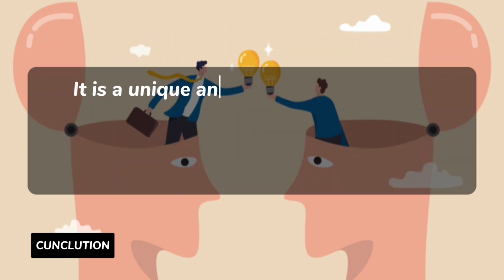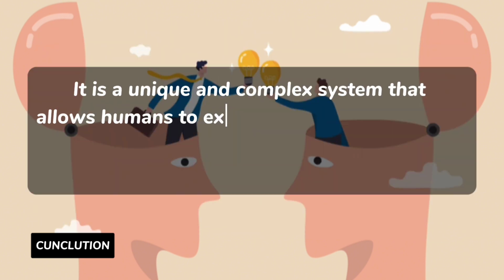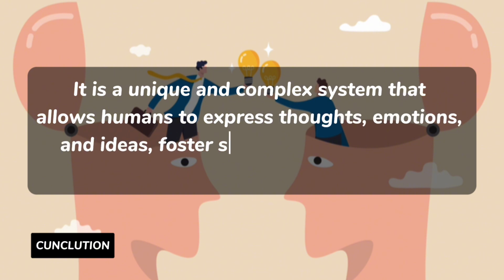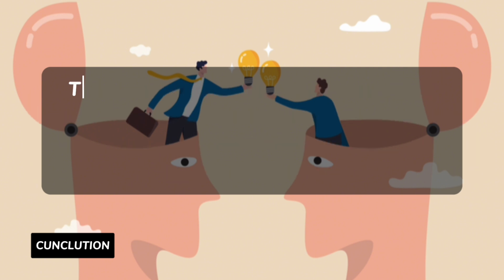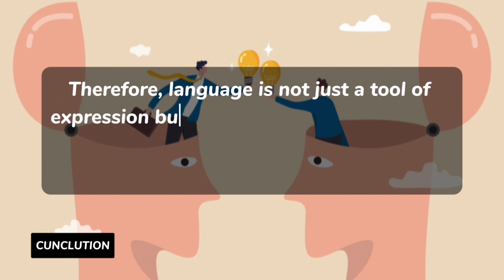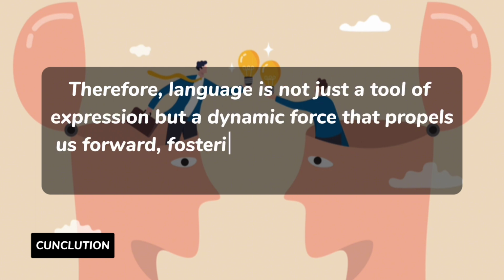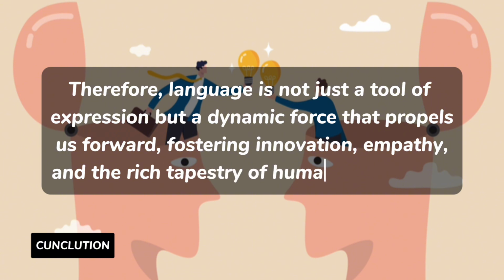It is a unique and complex system that allows humans to express thoughts, emotions, and ideas, foster social relationships, and enable cooperation. Therefore, language is not just a tool of expression, but a dynamic force that propels us forward, fostering innovation, empathy, and the rich tapestry of human civilization.